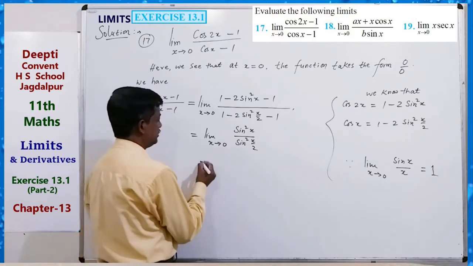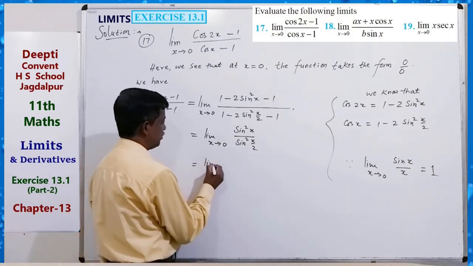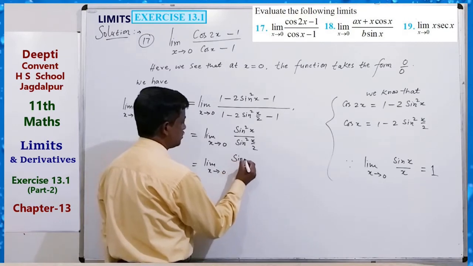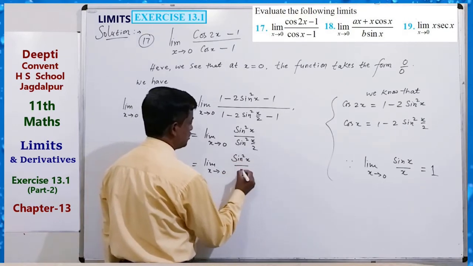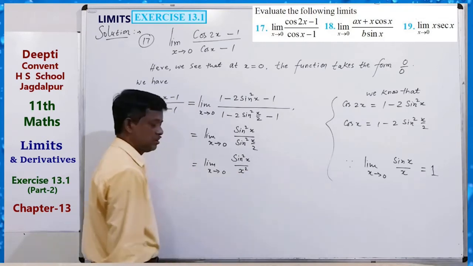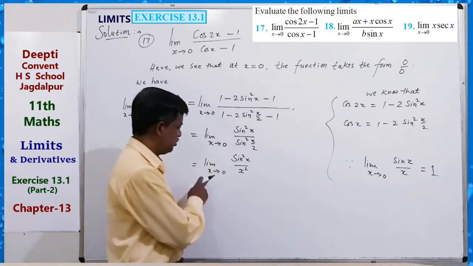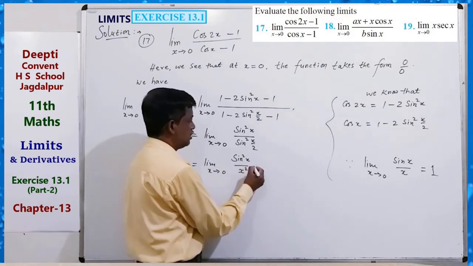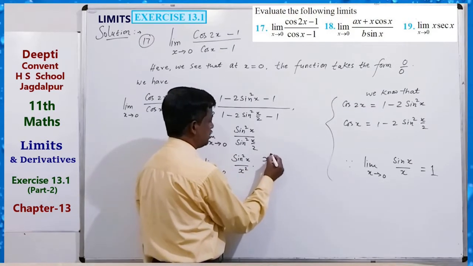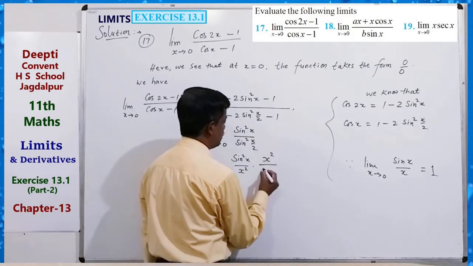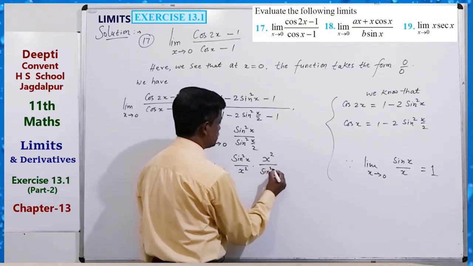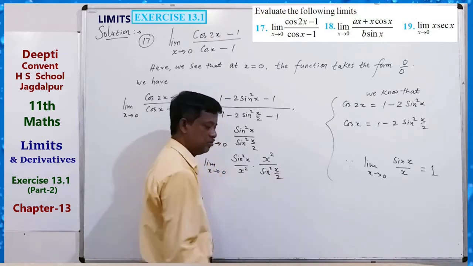So here we can set sin square x upon x square, with the limit going under the power. And x square also we can write, x square upon sin square x by 2.